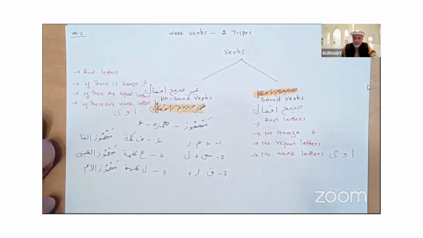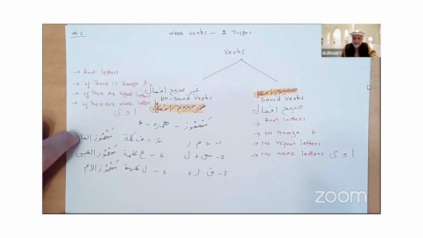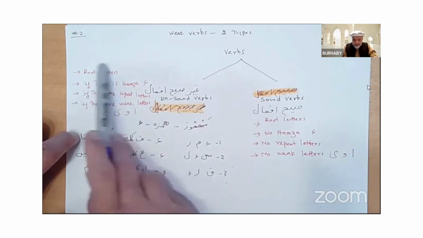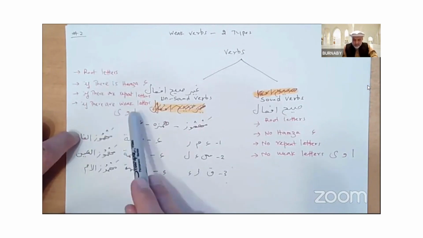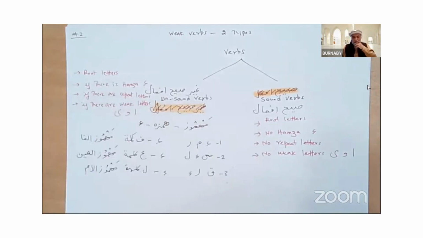And did we talk about the weak letters in the previous session, that alif, waw, and ya are known as weak letters? Correct? So if the root letters have any of these letters, alif, waw, ya, then we know that this is a weak verb.